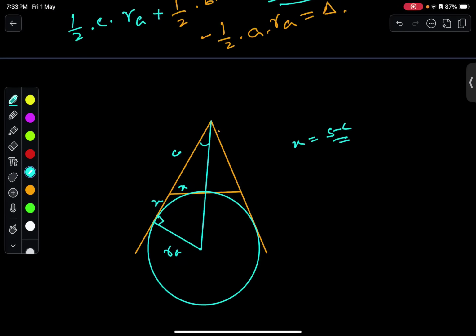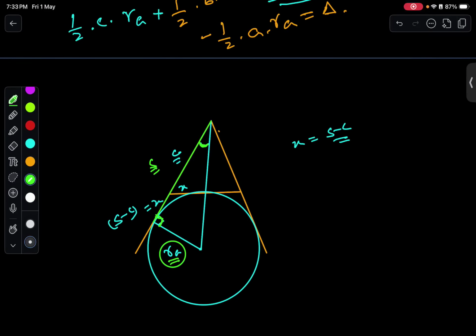So this X is S minus C and this is C. So what is this complete length? S minus C plus C. So this is S only, Sir, S, right? And this is RA. And this is 90. This is A by 2. So we have to write the relation between this perpendicular length and this base with this angle.